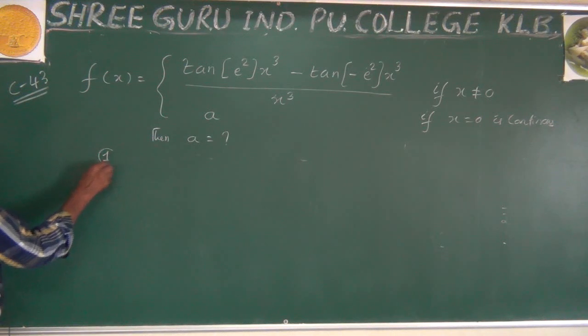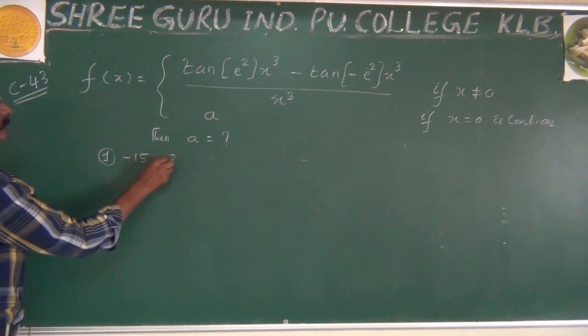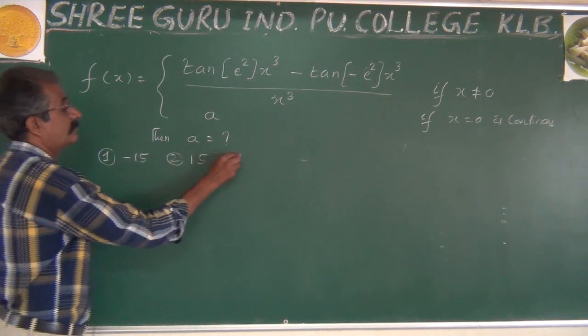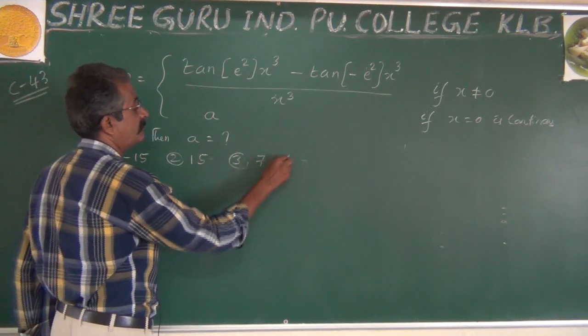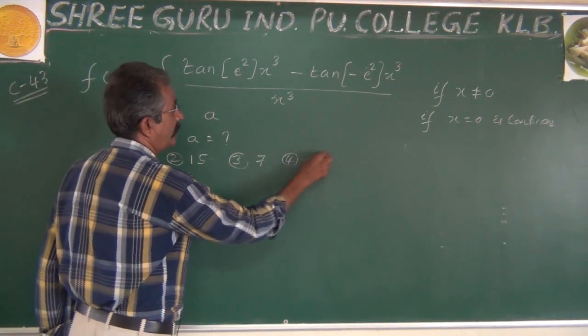First option minus 15, second option plus 15, third option 7, fourth option minus 8.